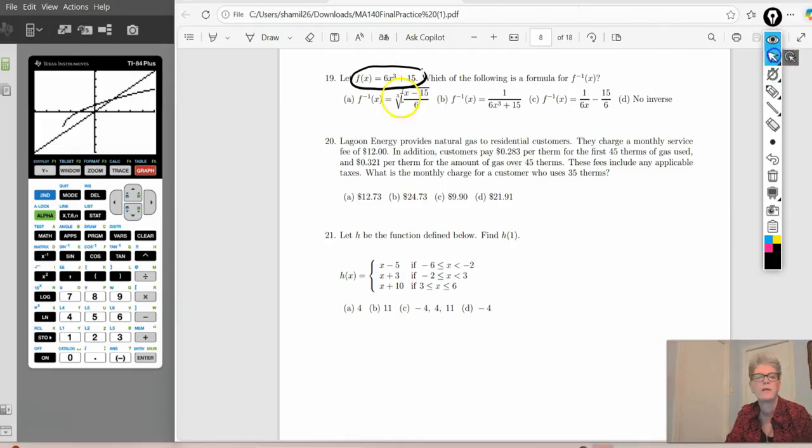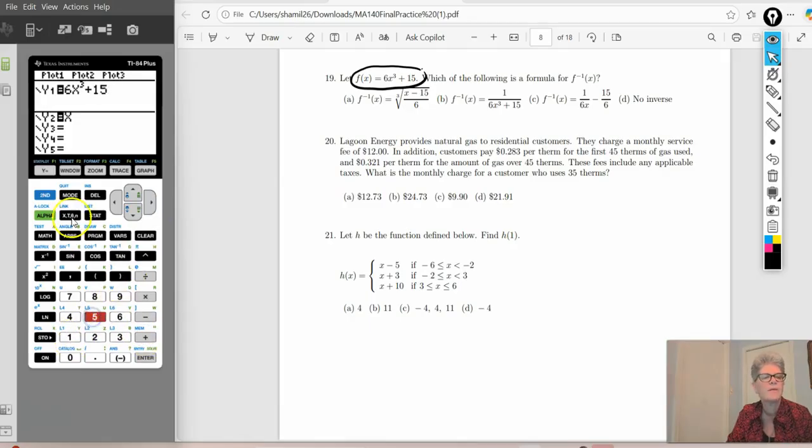So if I want to look at the graph, I might start with a cubed. And then we're going to have plus 15. Okay. And then I might start with a zoom 6. Oh, and I don't want that one anymore. Okay, and I'll start with a zoom 6.